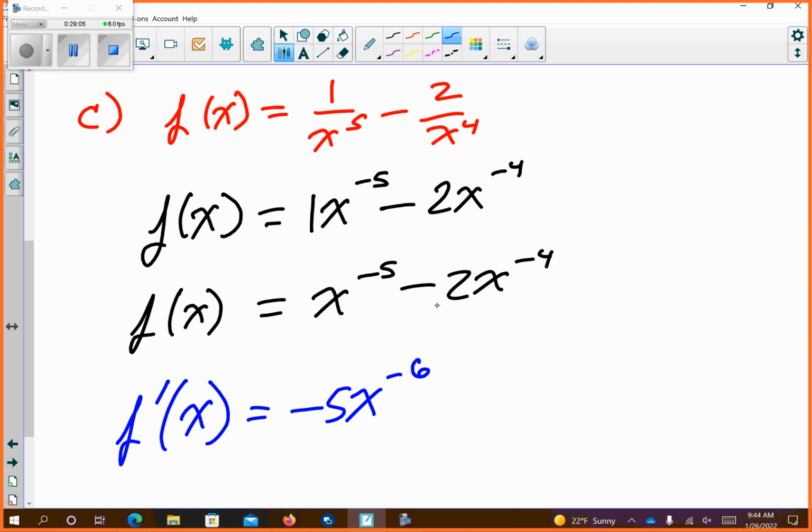And then bring down that 4. 4 times -2 is going to be +8x. If I subtract 1 from -4, what do I get? -5. Okay? You just did the derivative of something pretty darn complex.